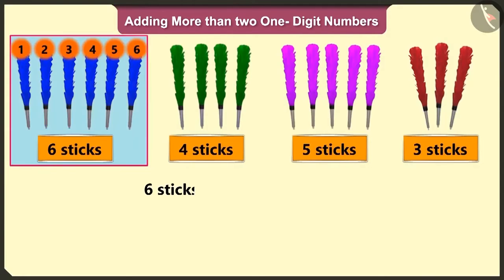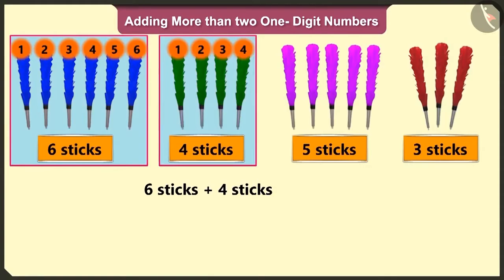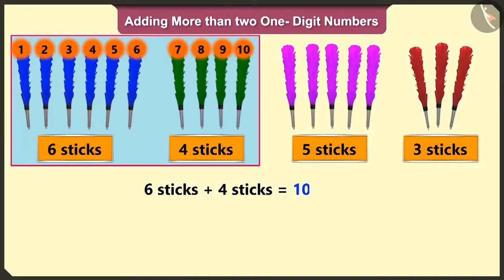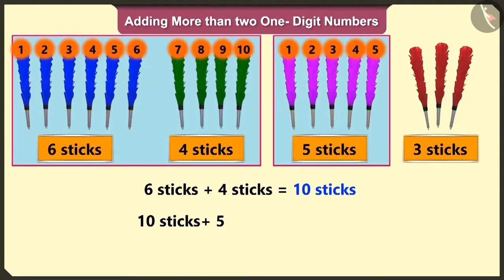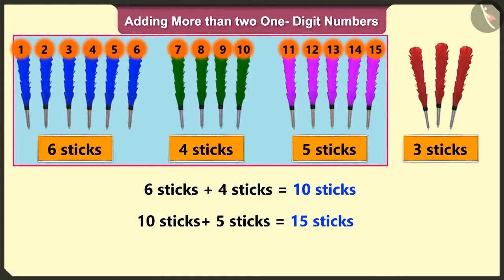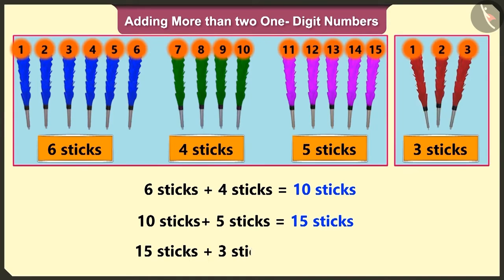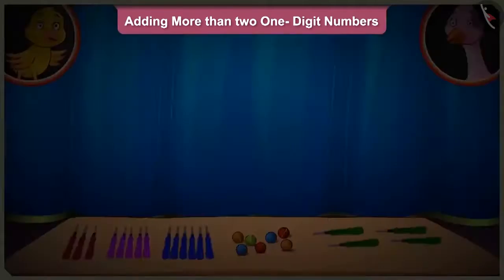First of all, we will add 6 sticks to 4 sticks. We get the number 10. Then we add 10 and 5 sticks. We get number 15. To this 15, we add 3 more sticks. We get a total of 18 sticks.